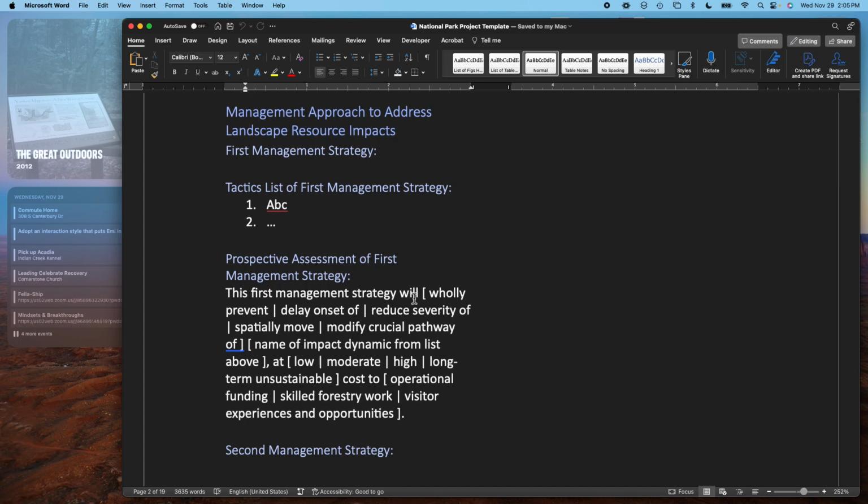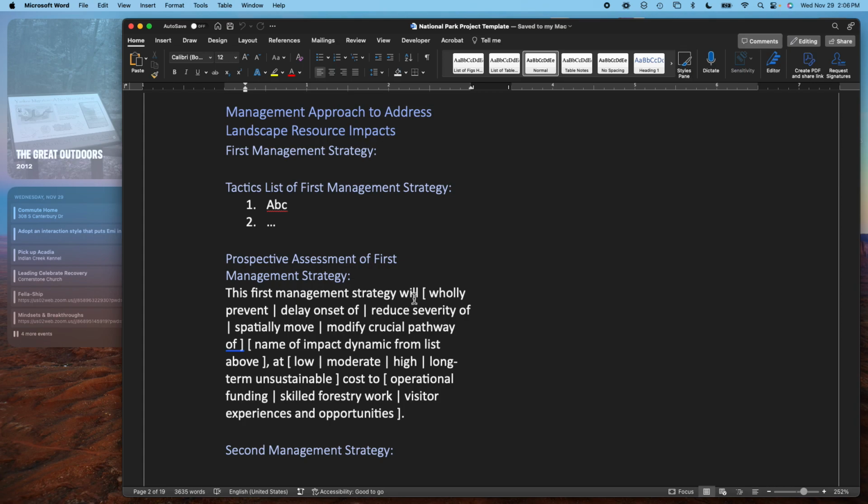So you just delete all the stuff that doesn't apply, and that's your sentence for that section. Again, it's multiple pages long, and that's okay, because you're writing maybe up to a quarter of a page for each one of these different classes of resources, okay?